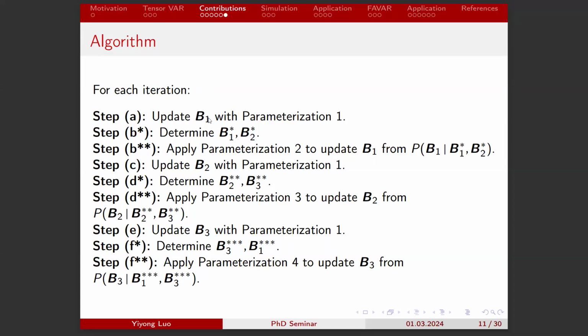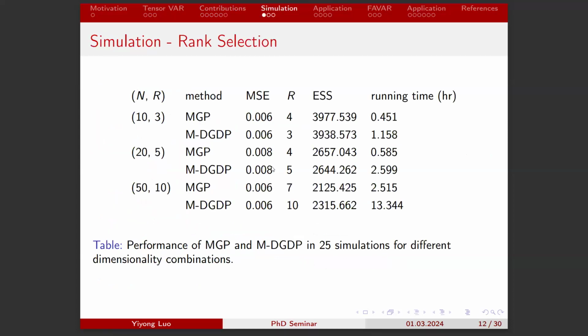So they are B1 and B1 here. They are the same. So you need to sample the same set of parameters from another posterior by applying the second parameterization. If you would like to sample B1, similarly, you sample B2 and B3 using the alternative parameterizations. Here is the algorithm, and we can move on to some simulation study.